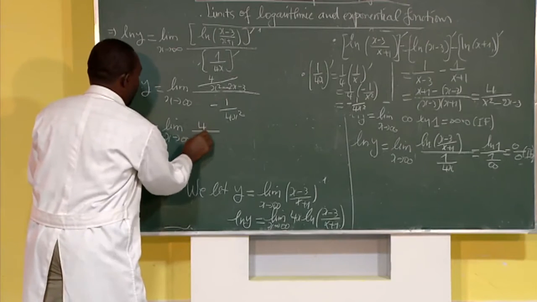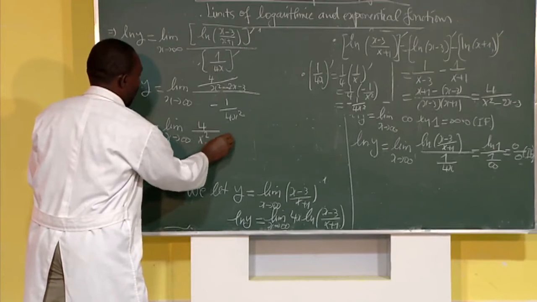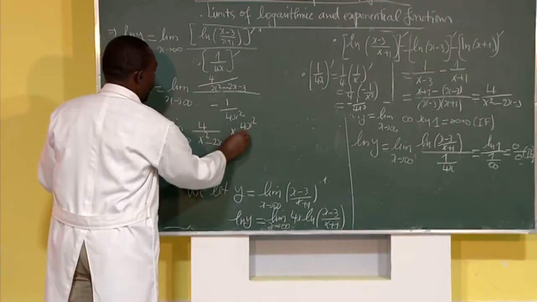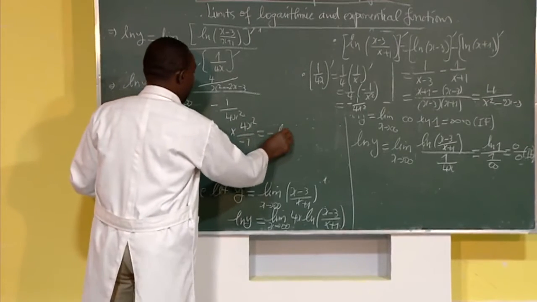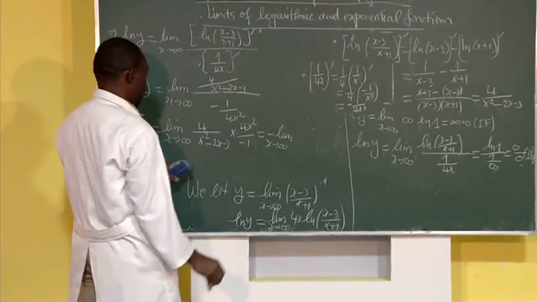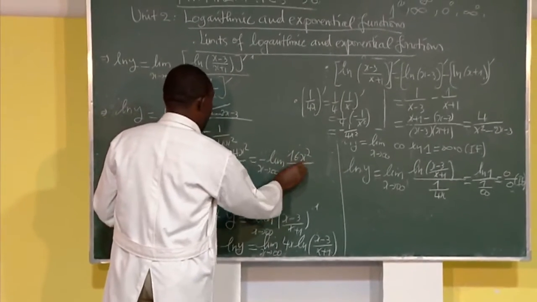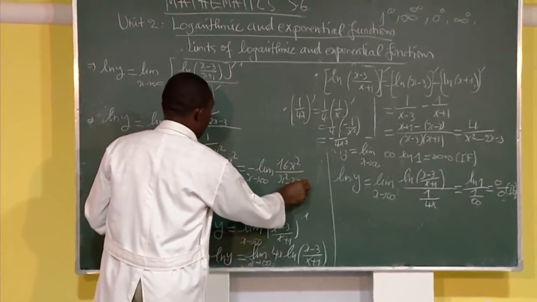4 divided by x squared minus 2x minus 3 times 4x squared divided by minus 1. This is minus the limit x approaching to infinity, 16x squared divided by x squared minus 2x minus 3.